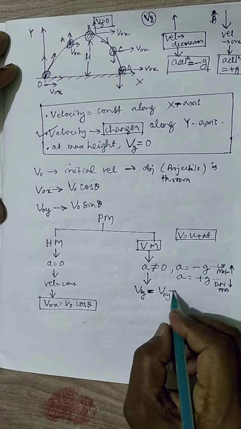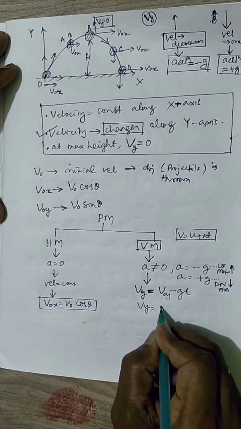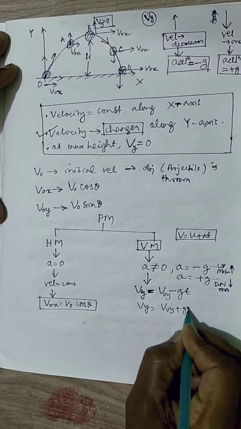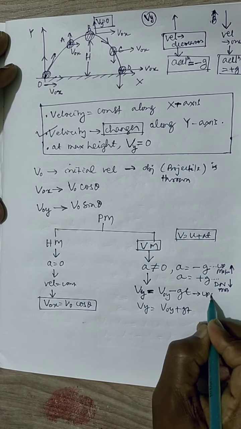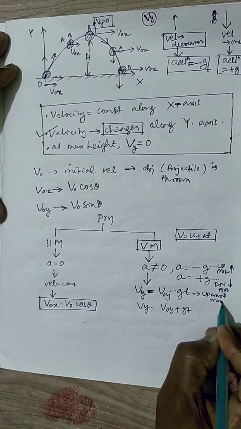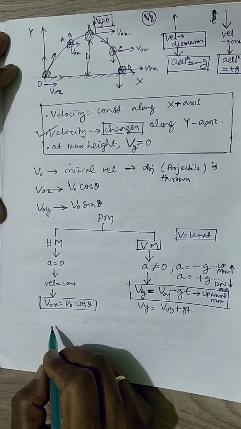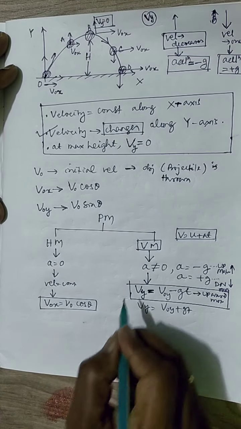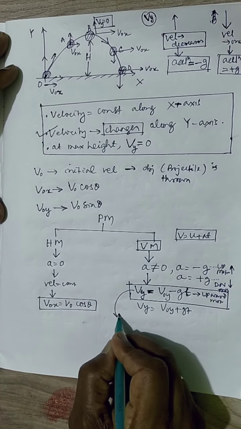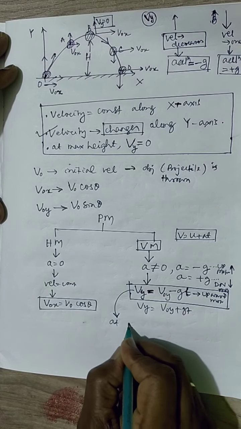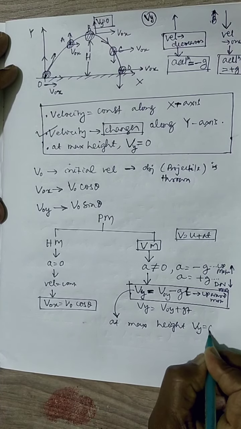Vy will be v0y plus gt for downward motion, and v0y minus gt for upward motion. Now this velocity along the y-axis changes as time changes, and at maximum height Vy is equal to 0.